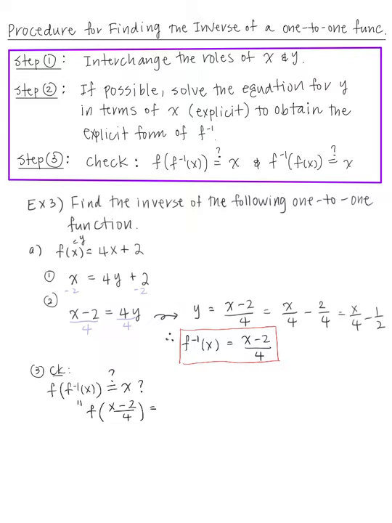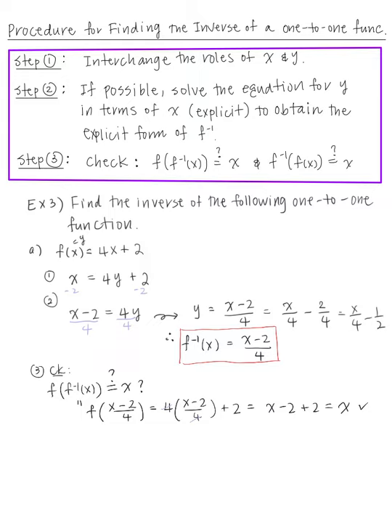Don't forget your f of x. Our f of x is 4x plus 2. So here you're going to have 4 times x minus 2 over 4 and then plus 2. So then what? I can cancel out the 4s. So then what do we get? We have x minus 2 and then plus 2, which is going to give us x back.